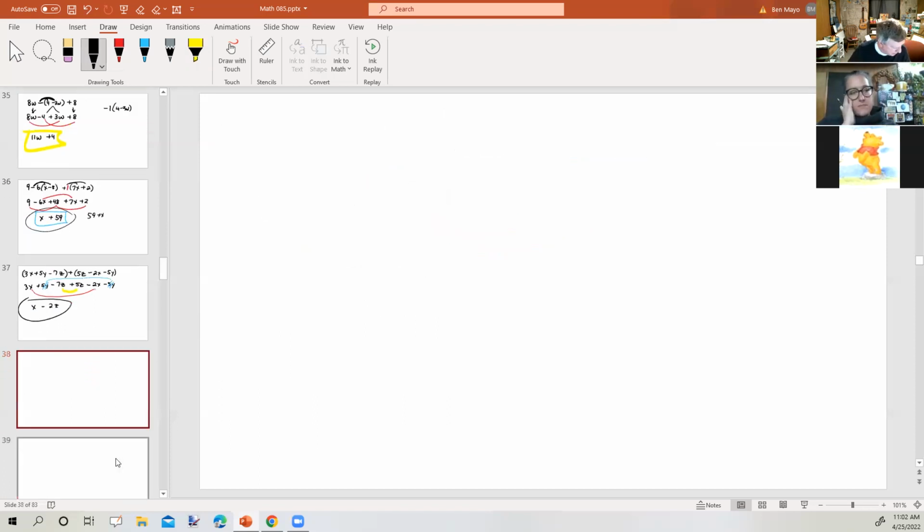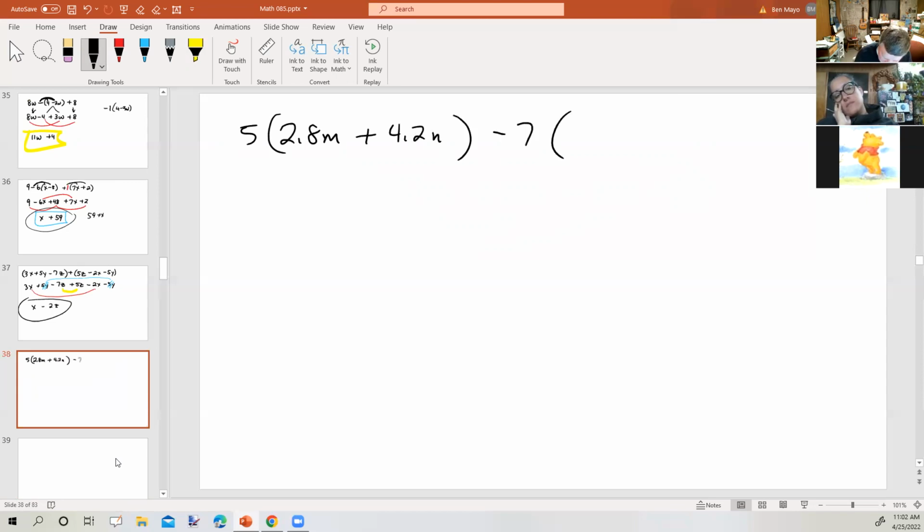Suppose we have a scenario where we're distributing through some decimals. So we've got like this, 5 times the quantity 2.8m plus 4.2n minus 7 times the quantity 9.2n minus 3.5m.